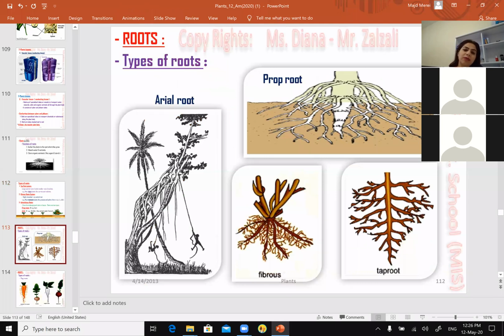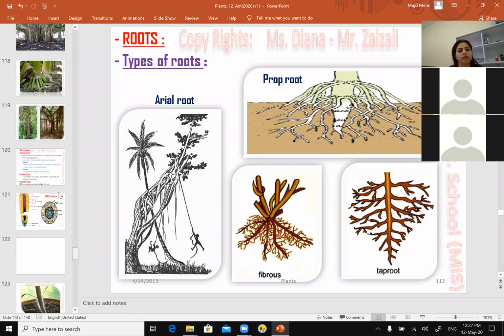While here, for example, you can see aerial roots. Notice how they are also growing from leaves or stem and how they are not reaching the ground. So how will they absorb water? They will absorb the water from the surrounding air. Do you have any questions about the functions and the different types of roots?